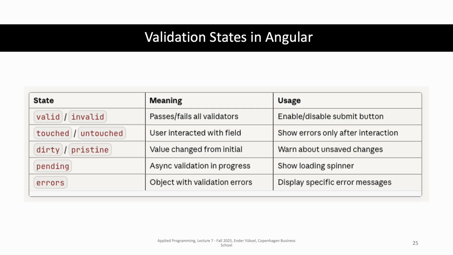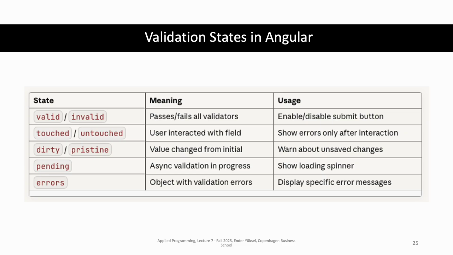Then there's also dirty or pristine. Here we look at whether the value changed from the initial, and in such cases we can warn about unsaved changes. There are also states called pending and errors.